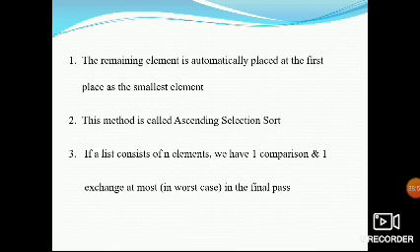The first element is compared with n minus 1 elements, the second element is compared with n minus 2, and the i-th is compared with n minus i, till the i-th place. This is how we compare, as in the example I told.